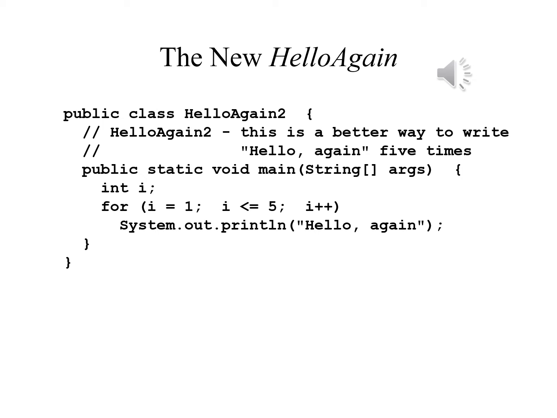We write the header for the main method, public static void main(String[] args), open brace, int i, and inside we have for (i = 1; i <= 5; i++), and then System.out.println("Hello again"). We'll have a closed brace for the main method and another one for the class.